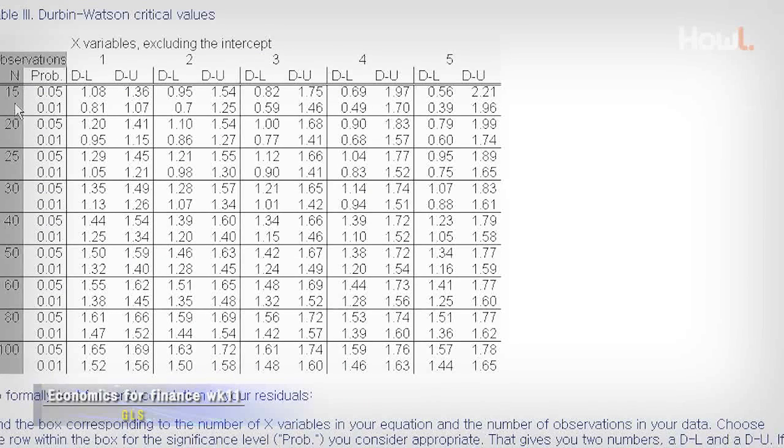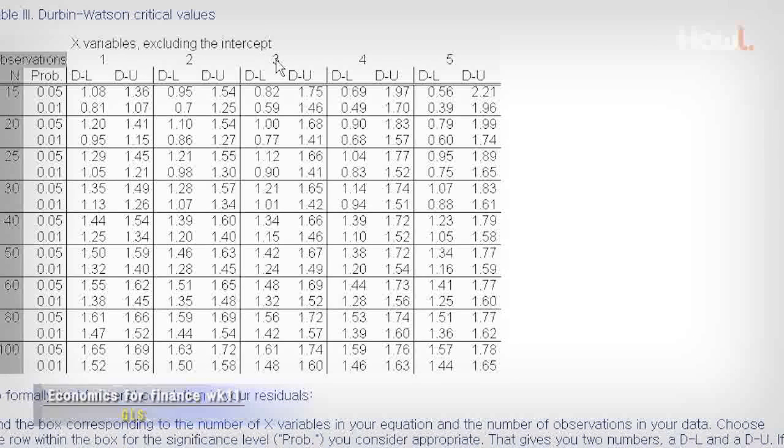This is n, the number of data points. I presume you have more than maybe 100 data points. So this is the number of data, and the Durbin-Watson lower limit and upper limit. Suppose you have 40 observations, and x variables excluding the intercept.